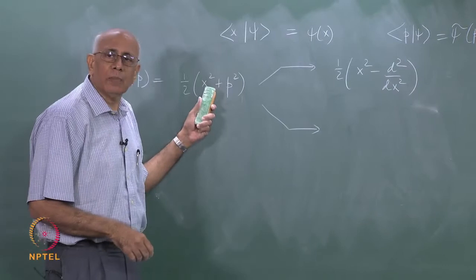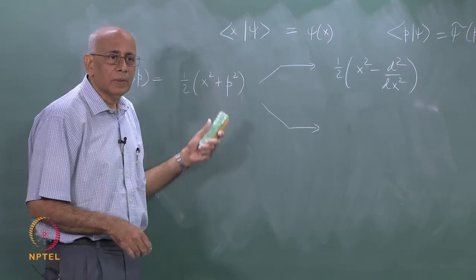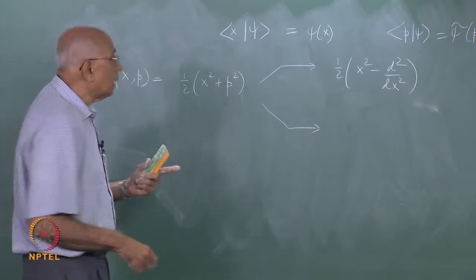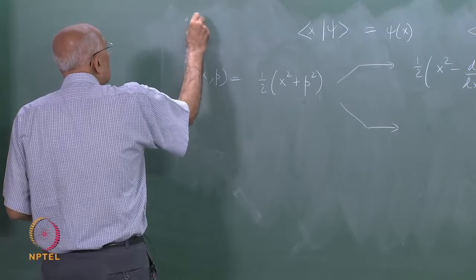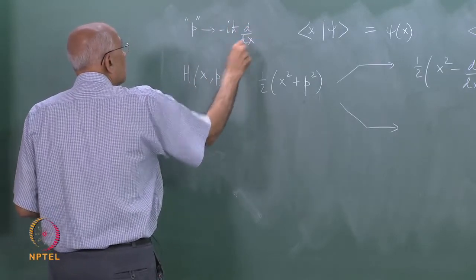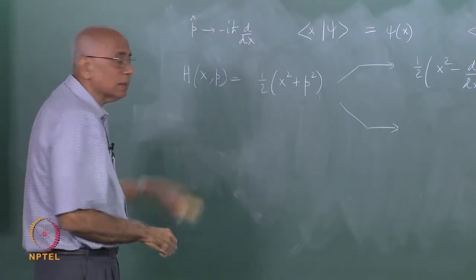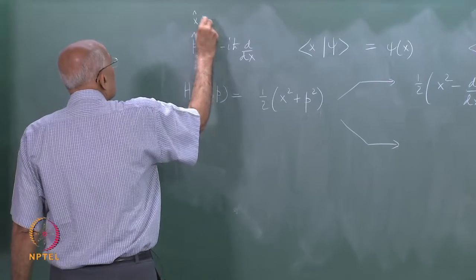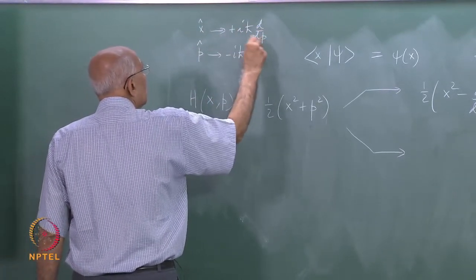What is x represented by in the momentum space? P is represented by minus i h cross d over dx when it acts in position space, but the X operator is represented by plus i h cross d over dp.